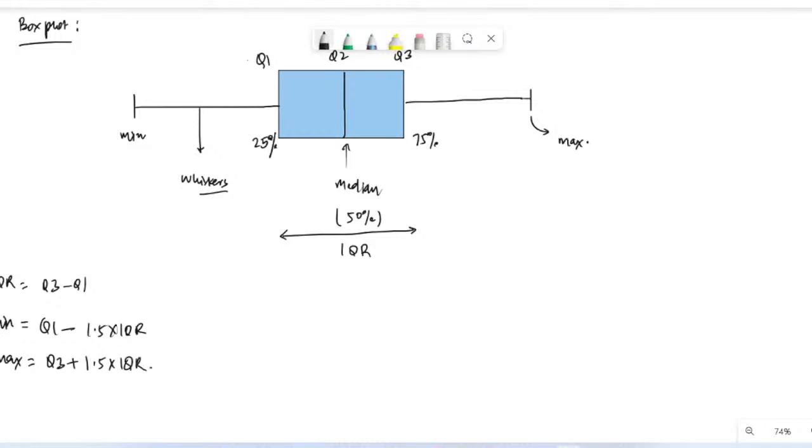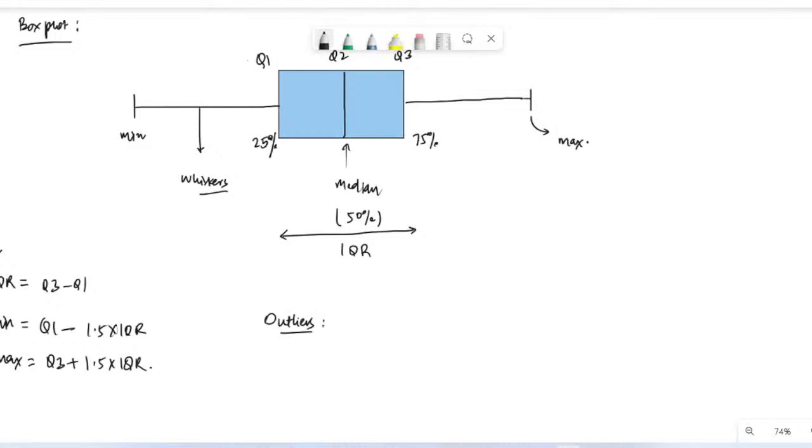So IQR is given by Q3 minus Q1, and on the basis of that we get this range. How is this related to the outliers?